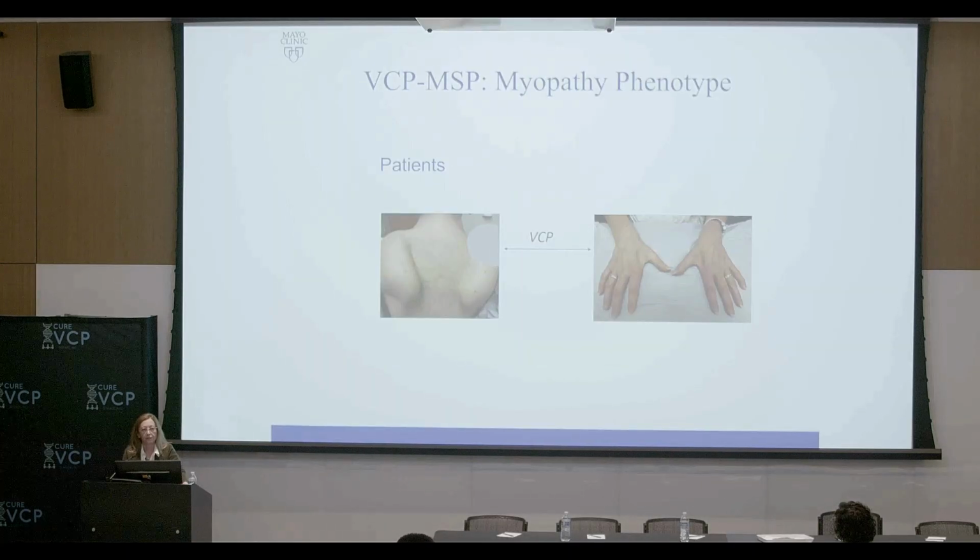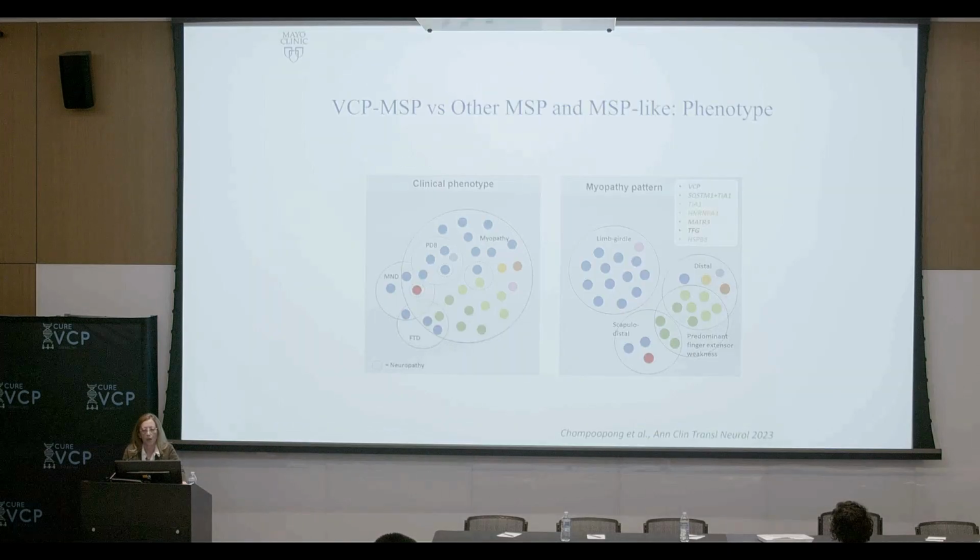These are photographs of 2 patients with VCP multisystem proteinopathy with different phenotypes, one manifesting with proximal severe limb girdle weakness and scapular winging, and the other with very distal weakness, which had initially misled to the presumptive diagnosis of Charcot-Marie-Tooth.